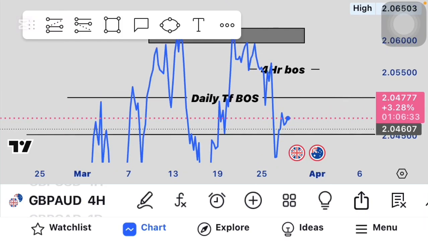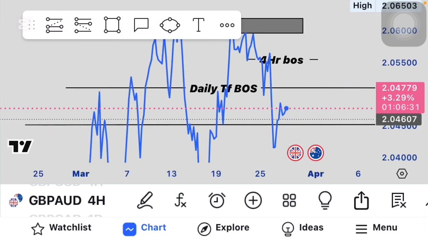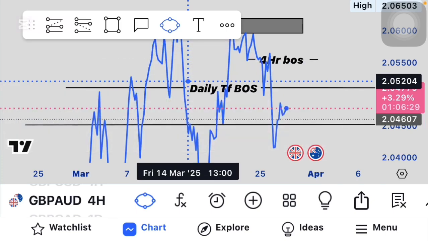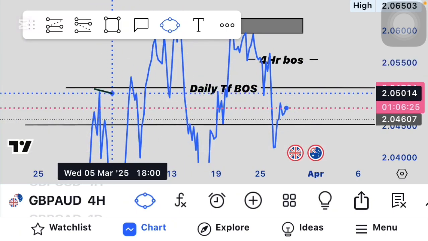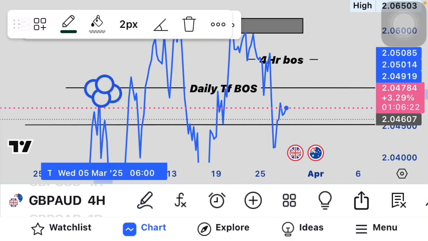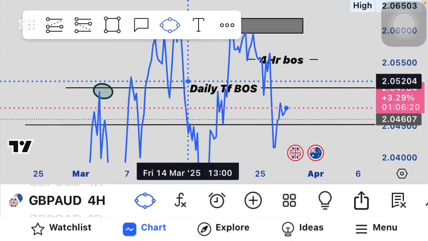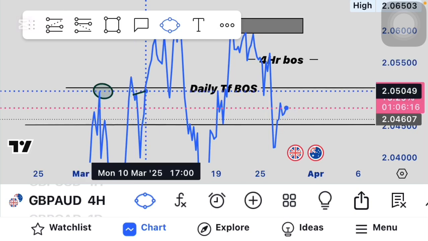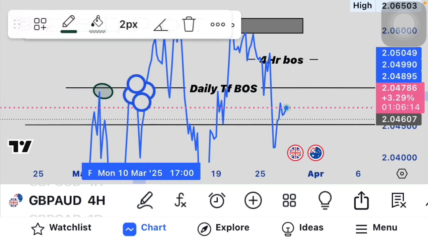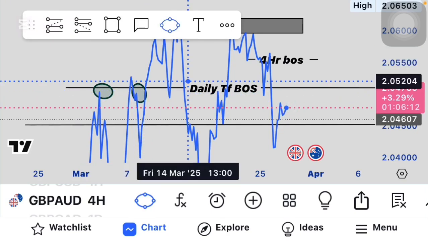On the 4-hour time frame here, I'll see where there are several touches on the 4-hour time frame. So there is a kind of a rejection over there, over here also. There is a rejection over there.